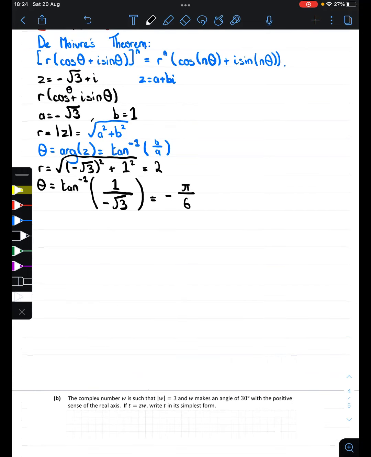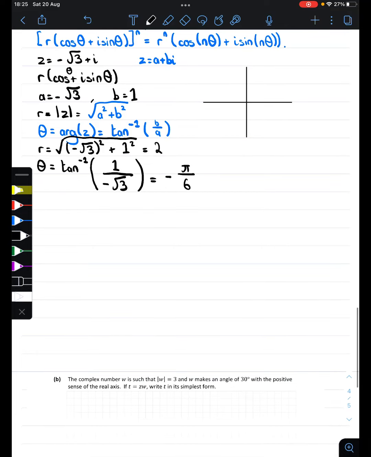So if this is our complex plane, then it's approximately this angle here. So it's saying z is in this fourth quadrant.